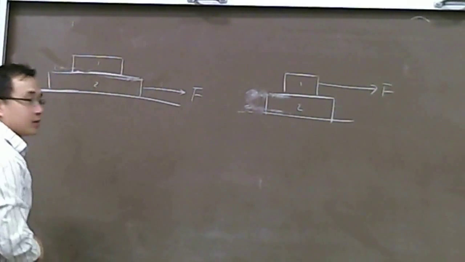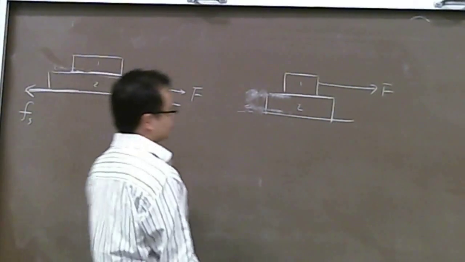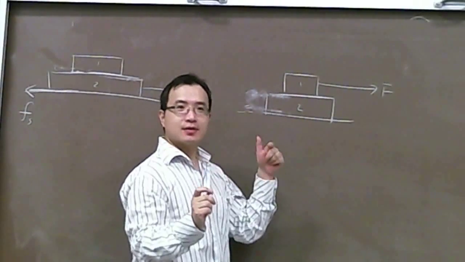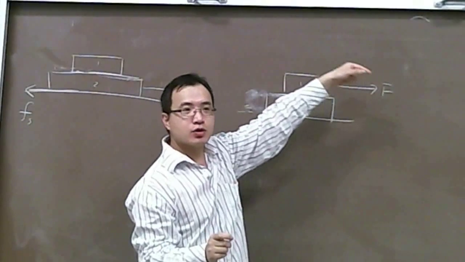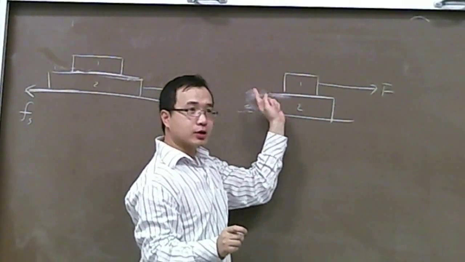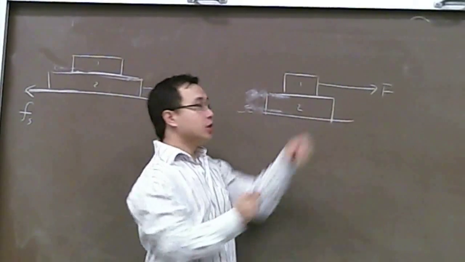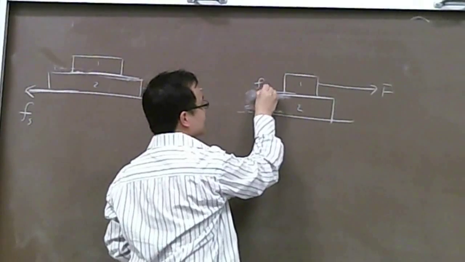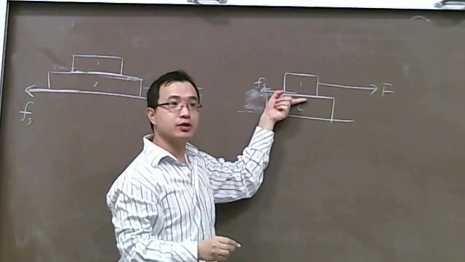Okay. Let me do it this way so you wouldn't miss it. First, when I'm pulling, you can think about the process. When I'm trying to pull it in that direction, that means object 1 tries to move in that direction. So it immediately gives you some frictional force acting on 1 from the surface.